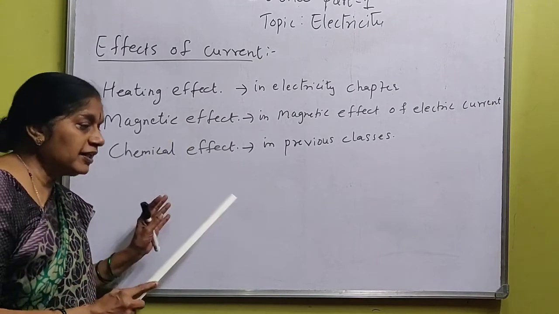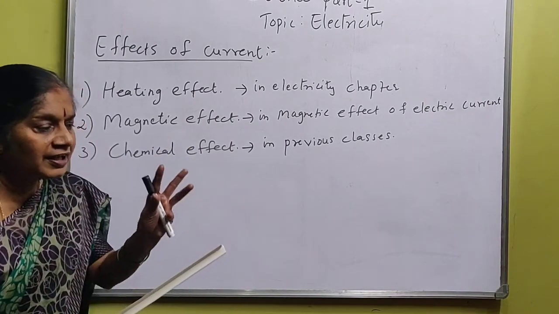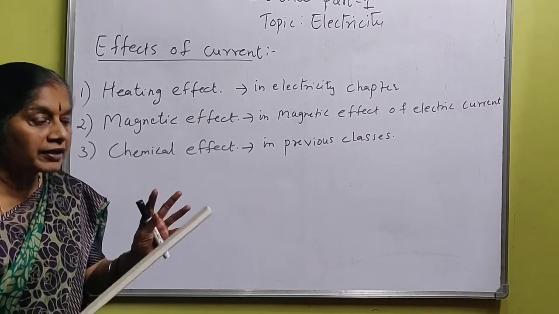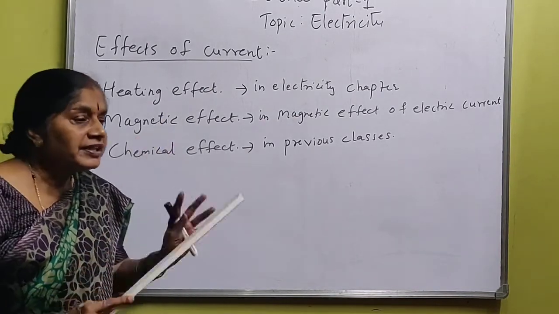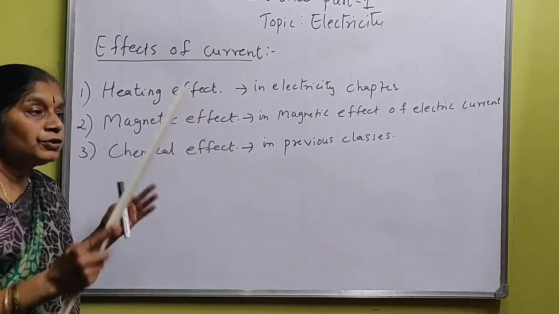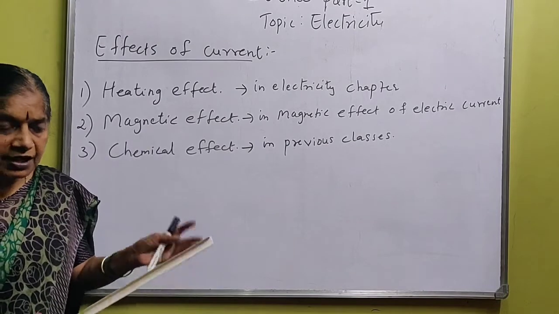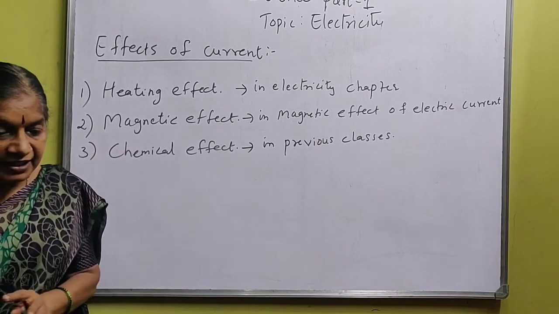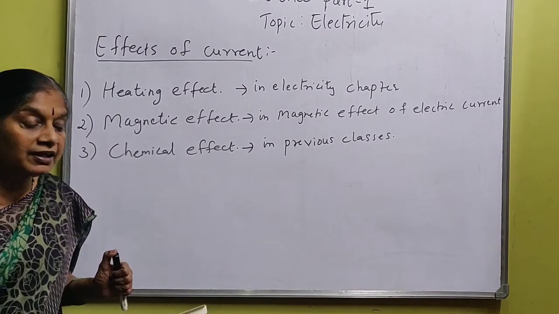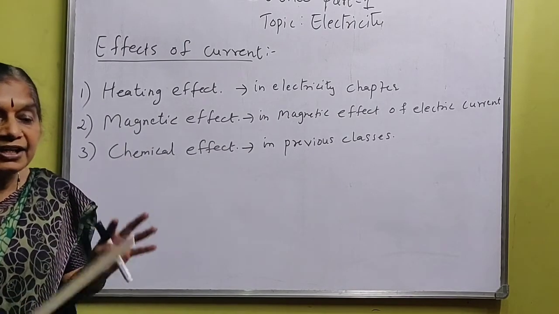You switch off the grinder machine and you touch the machine. You will find the machine has become hot. What is the reason? The electrical energy which is flowing from the electric source passes through the mixer grinder. Some part of the electrical energy is converted into heat energy.